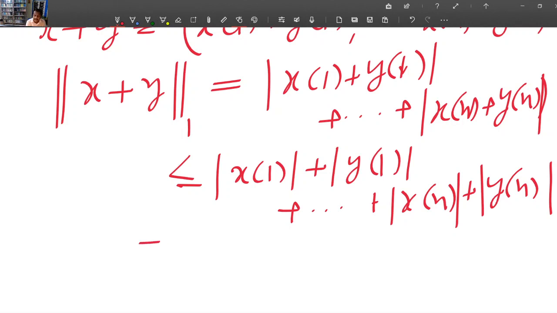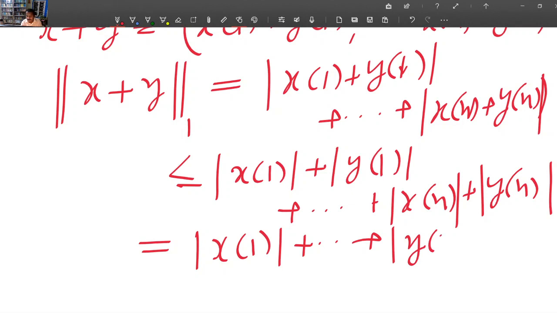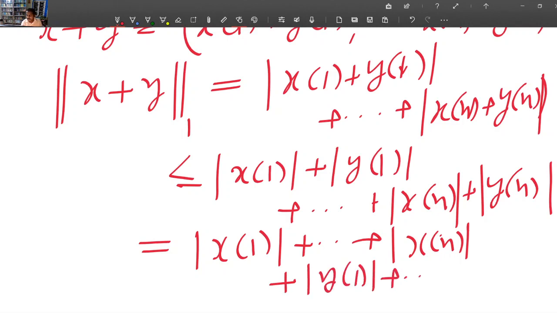And this is equal to modulus of x of 1 plus etc. plus modulus of x of n, plus modulus of y of 1 plus etc. plus modulus of y of n.